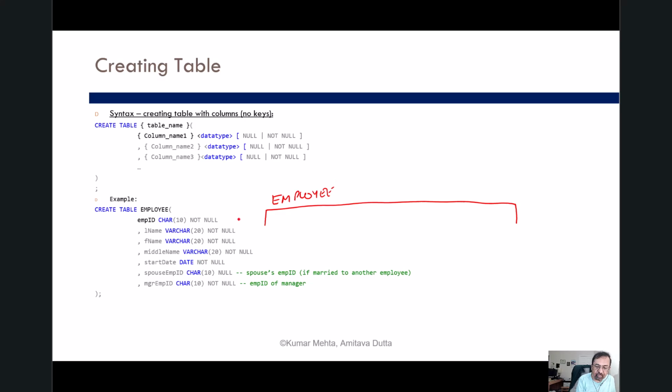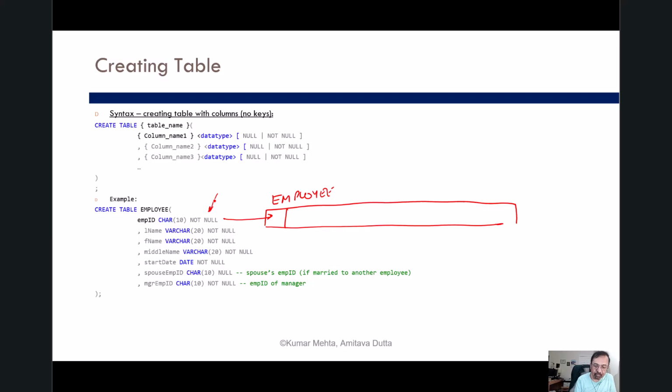The first column is employee ID. That's this guy. And I'm telling the database management system that the employee ID cannot be null. I'm saying it's not null, because I think you can guess why that is. Employee ID at some point will be specified to be the primary key, and the primary key cannot be null.